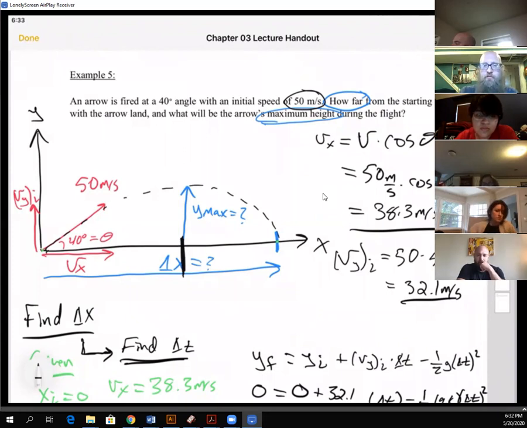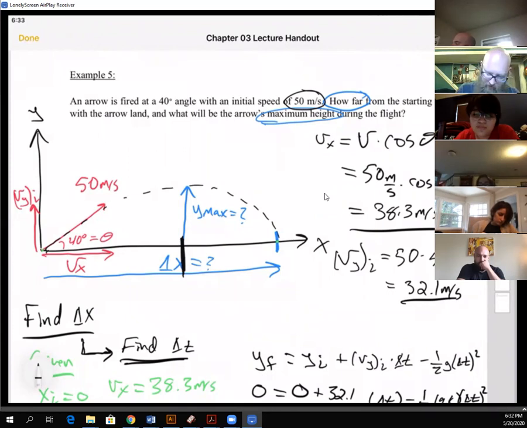In fact, most of us do. And when that object is under the action of just gravity, in the Y direction, it follows the free fall equations. And in the X direction, it's just a constant velocity. So those two things together give us projectile motion. Projectile motion is always a parabola or maybe part of a parabola.